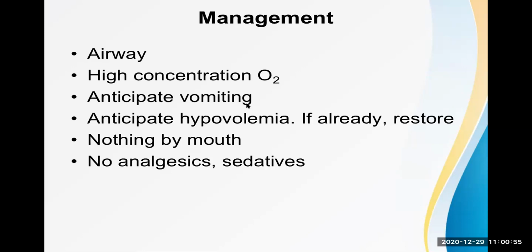And aspiration pneumonia is a very lethal condition. Anticipate hypovolemia. If already present, restore it by giving crystalloid solution, Ringer lactate and normal saline are the ones. If there is a massive amount of bleeding, you can go for blood transfusion.